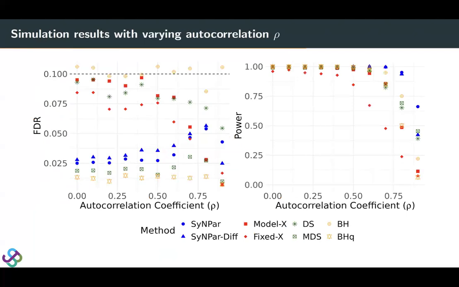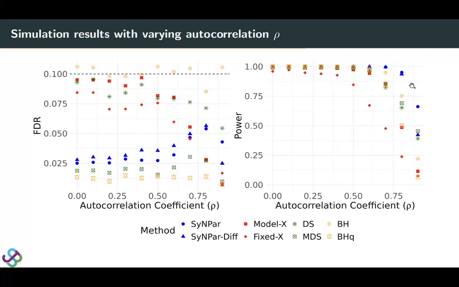The following are a series of simulation results. First, as we change the autocorrelation coefficient, we can see that almost all the methods, and here we also consider p-value based methods using the BH or BHQ procedures, have reasonable FDR control. But if we look at power, our approaches, basic SyNPar and SyNPar diff, have high power, and SyNPar has even higher power than SyNPar diff.